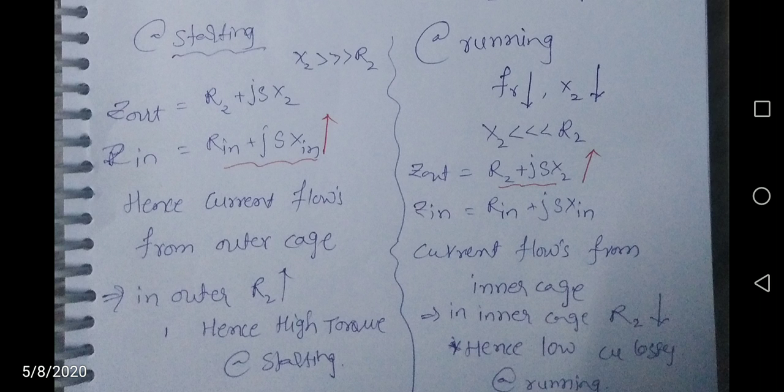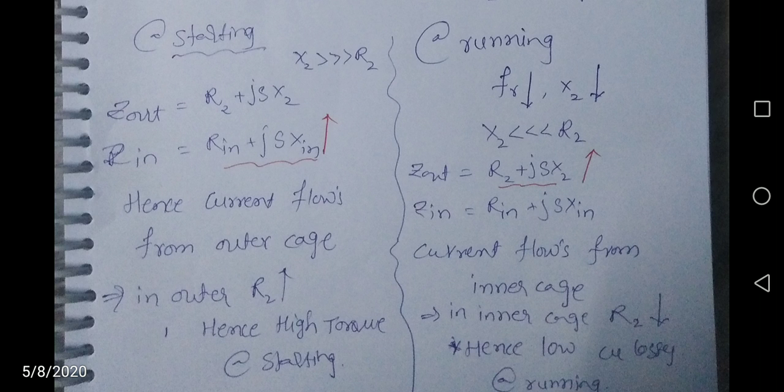When the machine is running, rotor reactance decreases to very less. It is less than rotor resistance. In this condition, the sX2 term is very less compared to R2. So resistance dominates in the outer cage, and the outer cage provides a higher impedance.